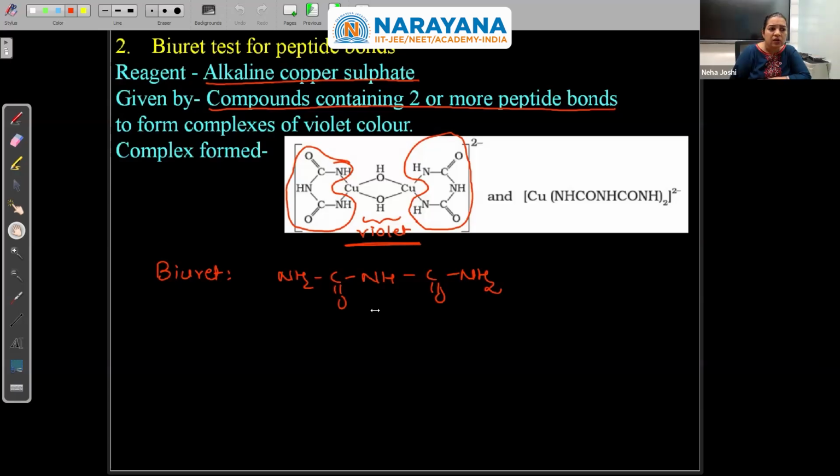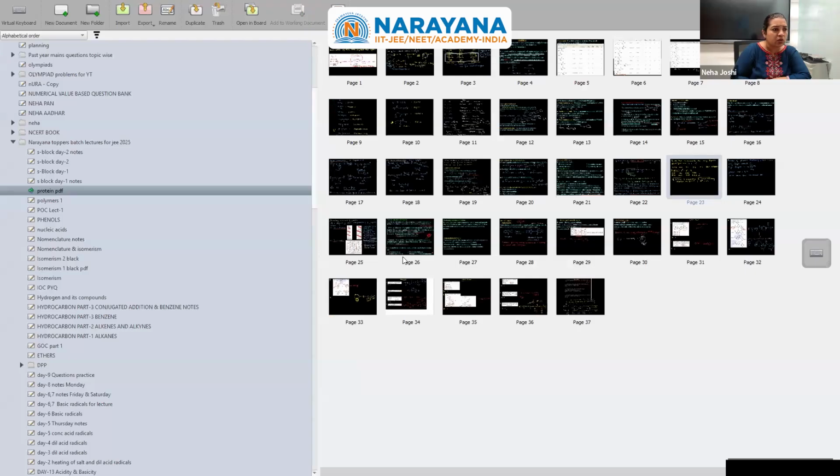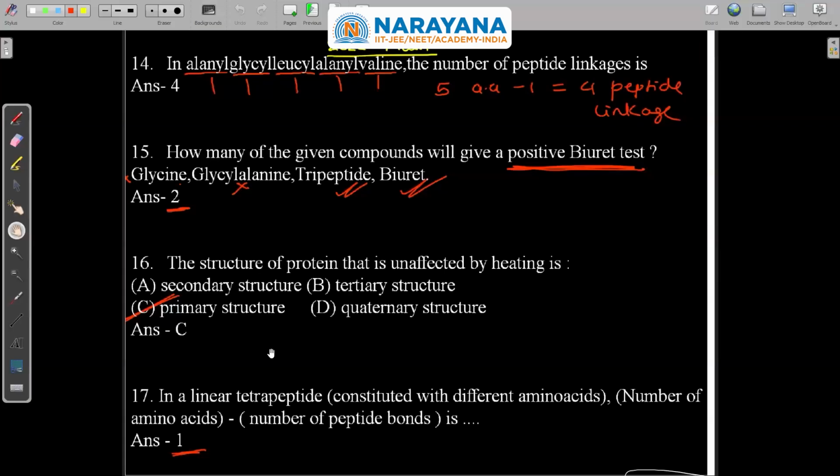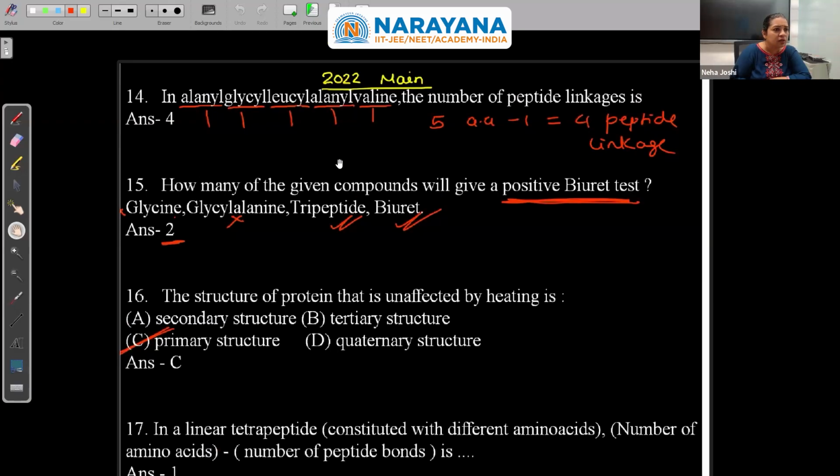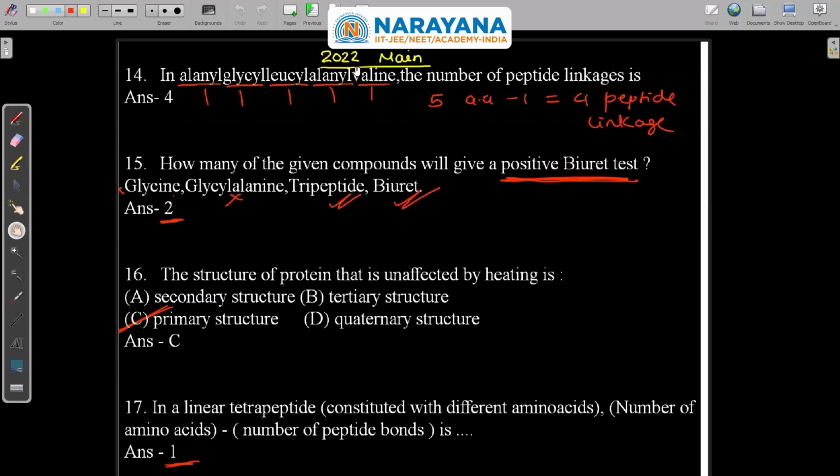Ekansh. Ma'am, in the questions which you were showing right now, the second question. Wait. Let me go there. Here, Ekansh. Yes, ma'am. The 14th one. Yes, this one. I didn't get that. It is asking number of peptide linkages.